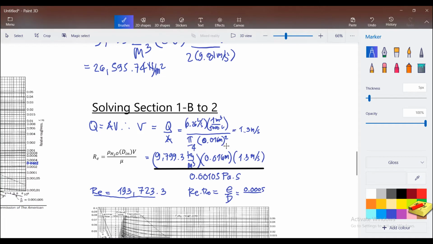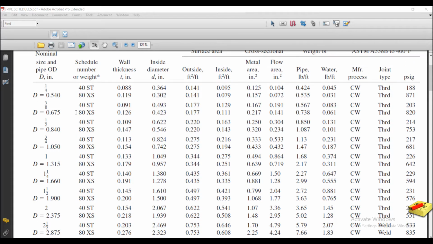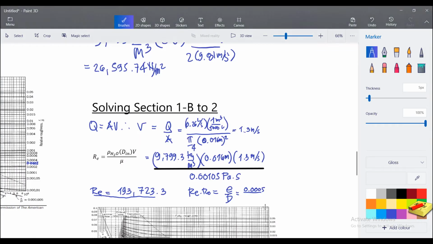So referring yung table, okay, so that is 1/2, no? So here we have 1/2. So 1/2 schedule 40. So we have the inside diameter, which is 0.622 inch. So we can use that one. So let's plug it in.